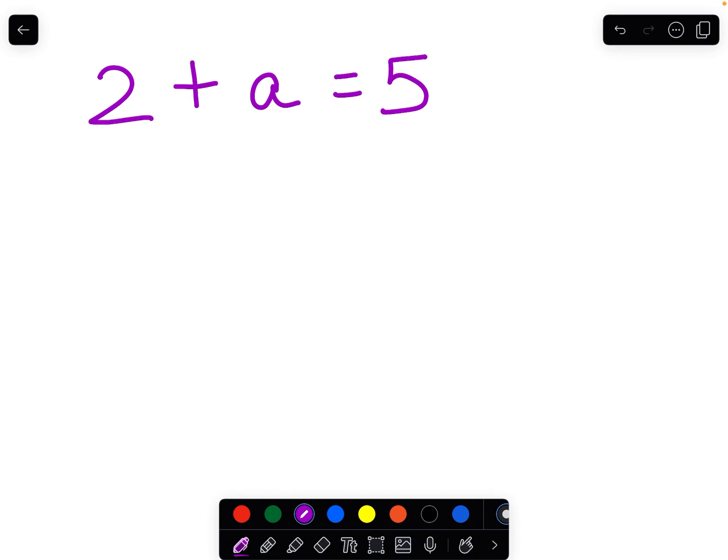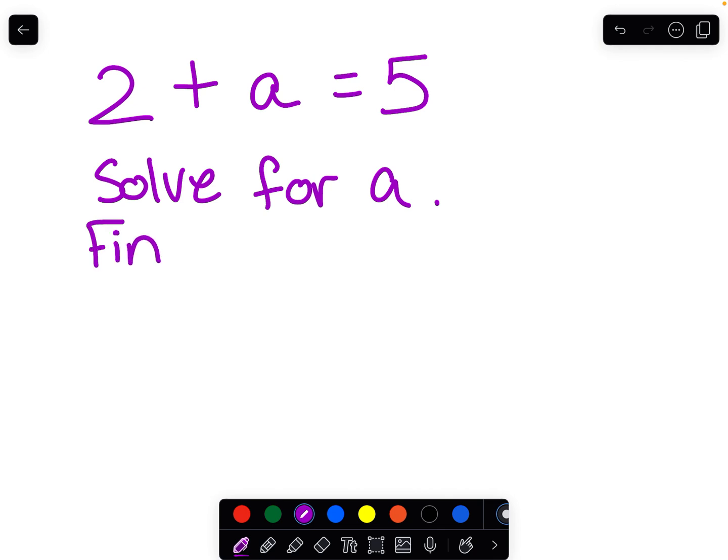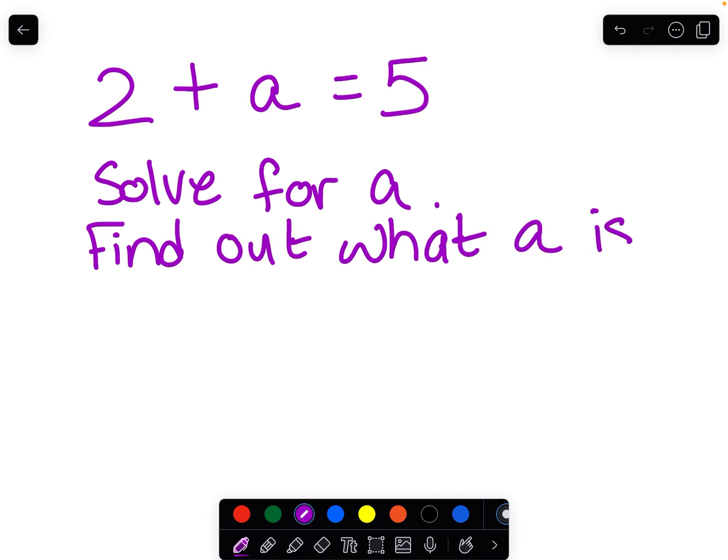Usually, you will be asked to solve for the unknown, or solve for A. That's usually the language that we use, solve for A. And when a problem asks to solve for A or solve for an unknown number, it's asking you to find out what that letter represents in terms of an actual number. Find out what A is.